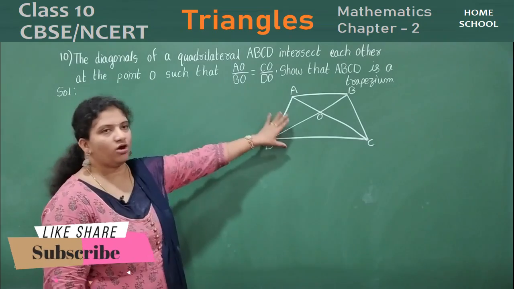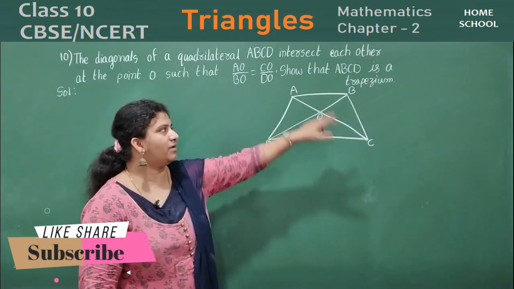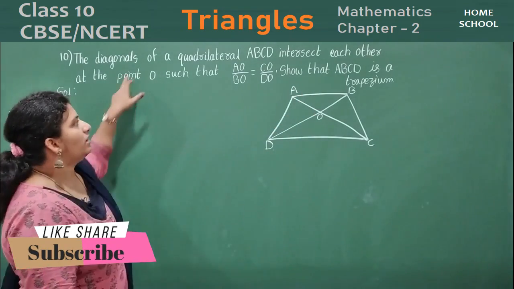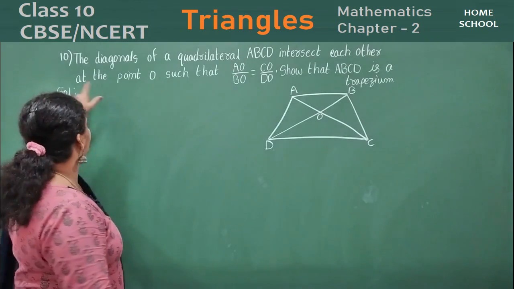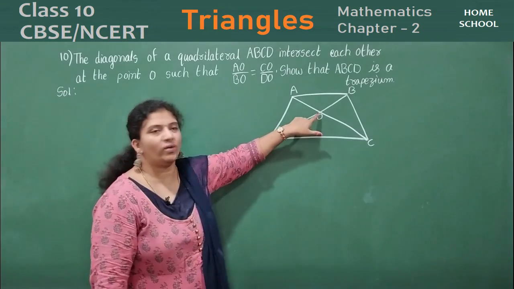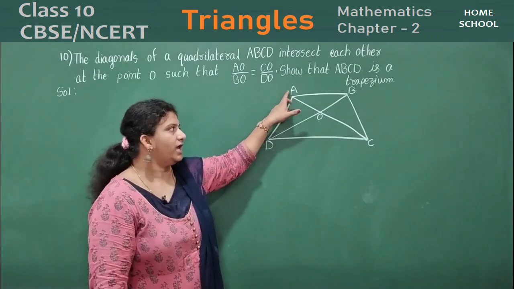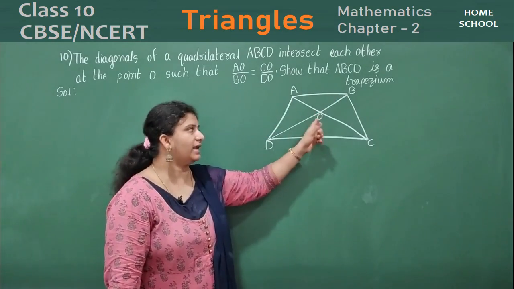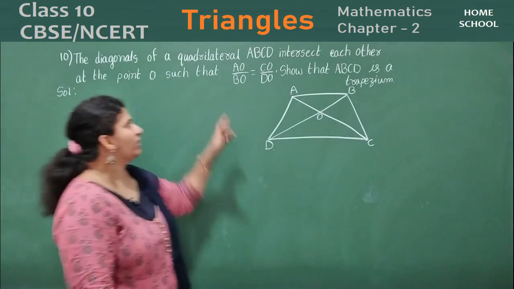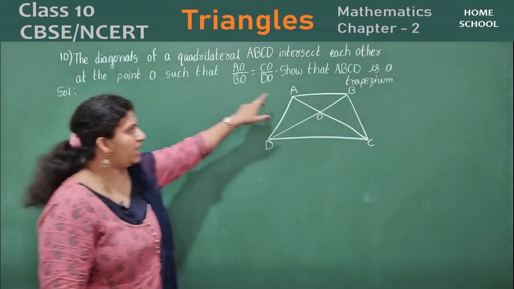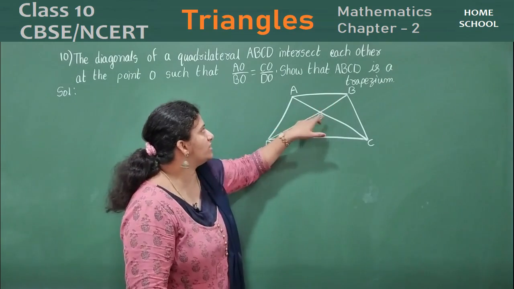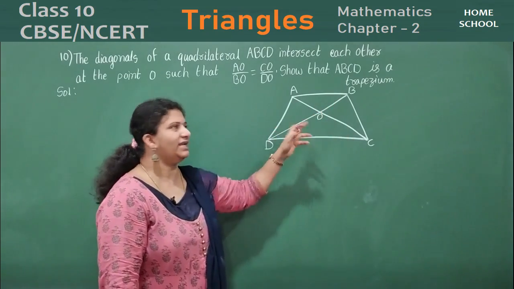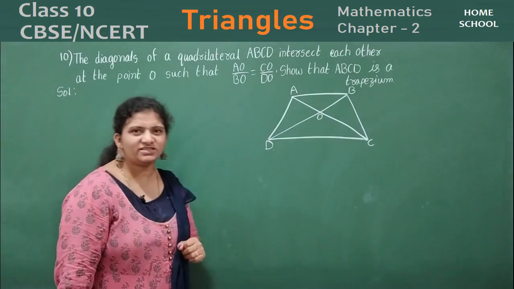Right? So draw a quadrilateral, mark A, B, C, D. Diagonals intersect each other at the point O. Where are the diagonals? Observe here. AC, BD are the diagonals intersecting at point O. Show that AO by BO is equal to CO by DO. Do you remember this ratio?